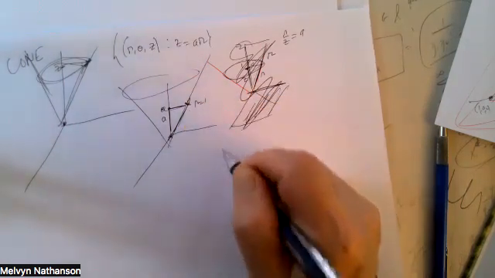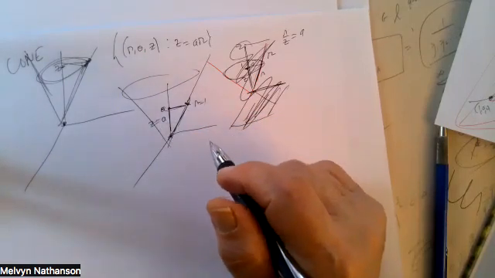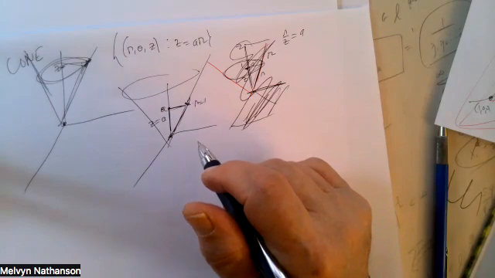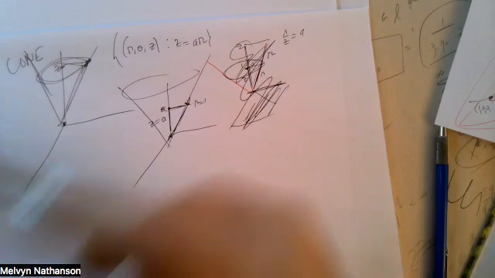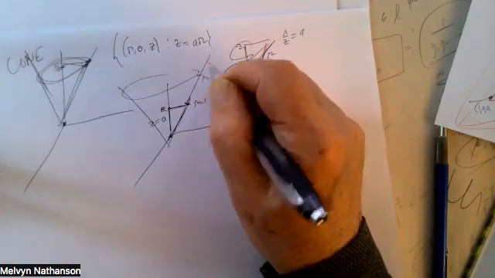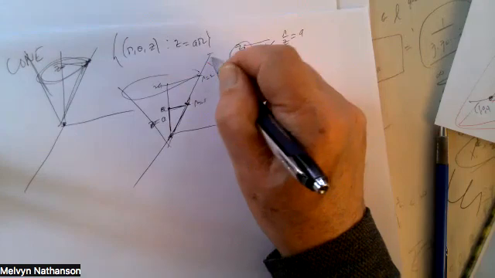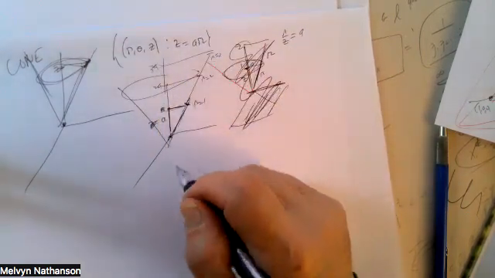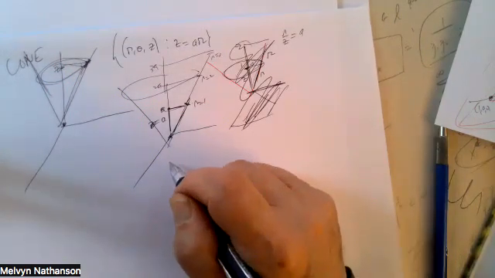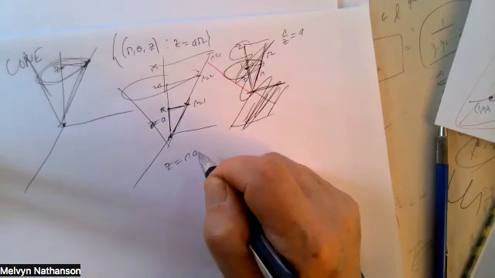This is z equals a. When r is 2, this is 2a. When r is 3, this is 3a. So z is equal to ar.